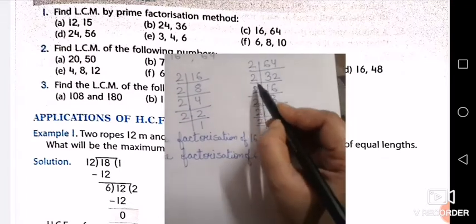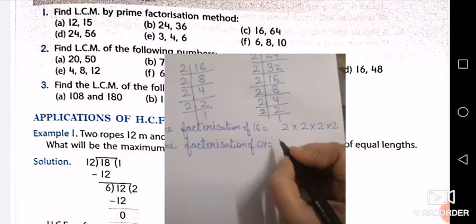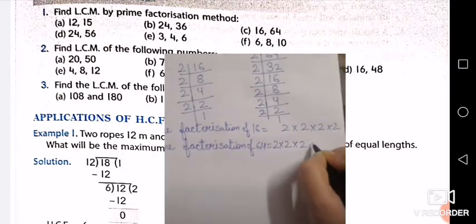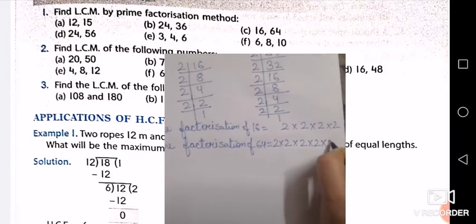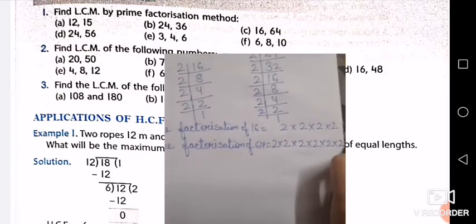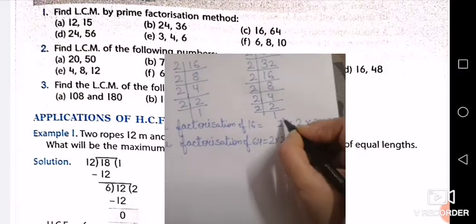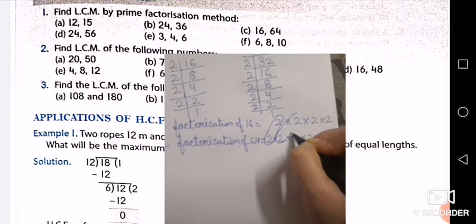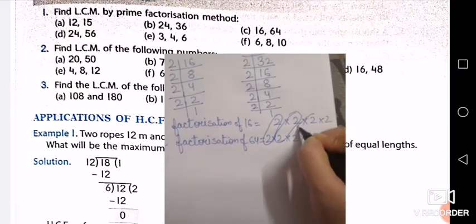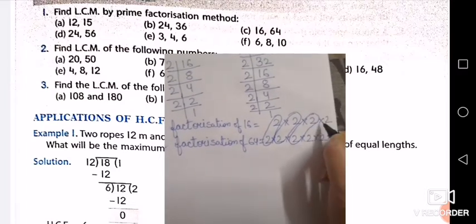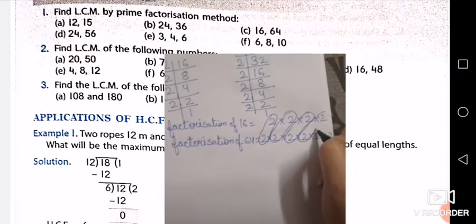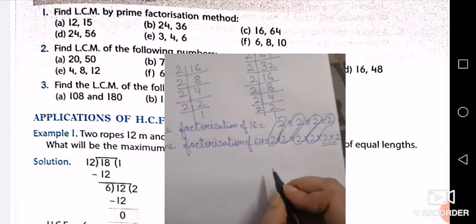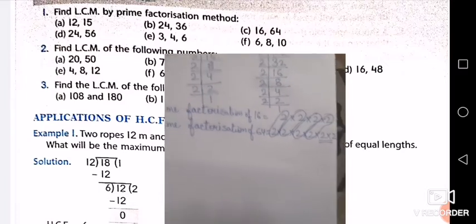Next, 1 2 3 4 5 6, we'll write it: 2 multiply by 2 multiply by 2 multiply by 2 multiply by 2 and then multiply by 2. Now you can see 4 twos are common. Now only these two are left, meaning that is also included in the LCM.